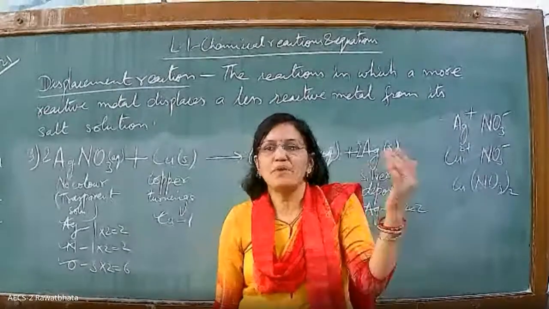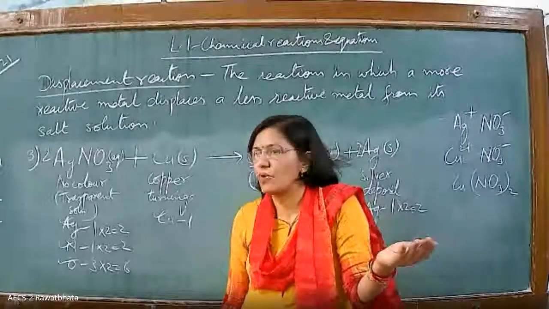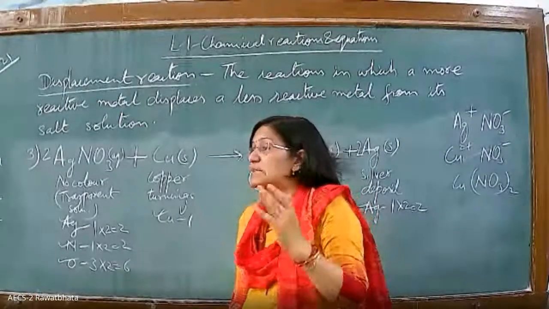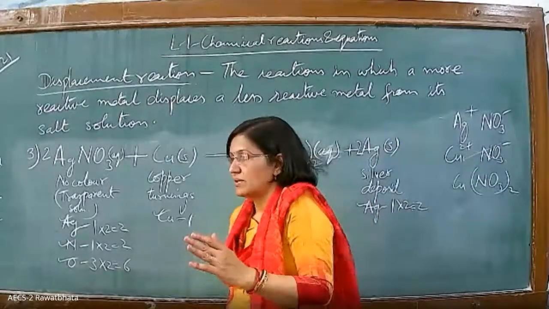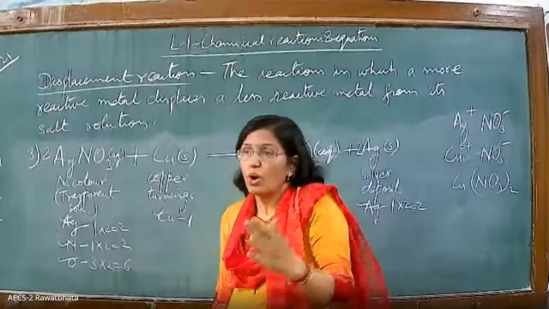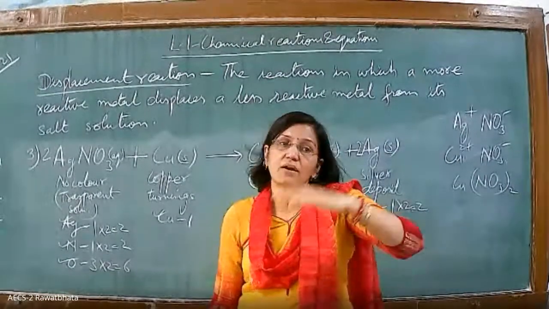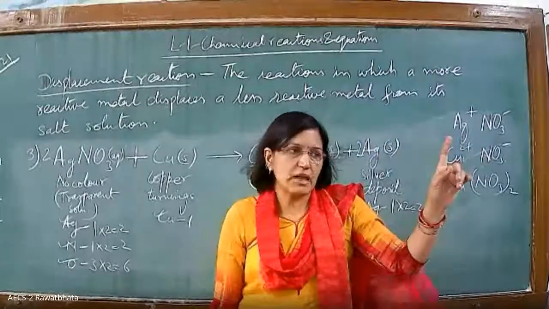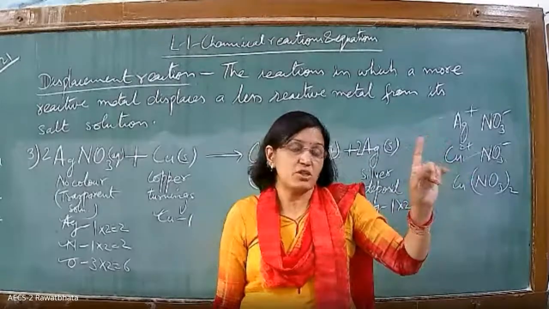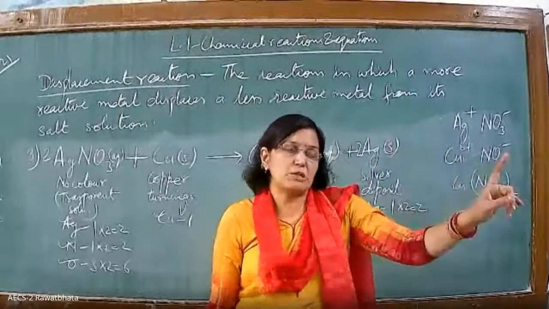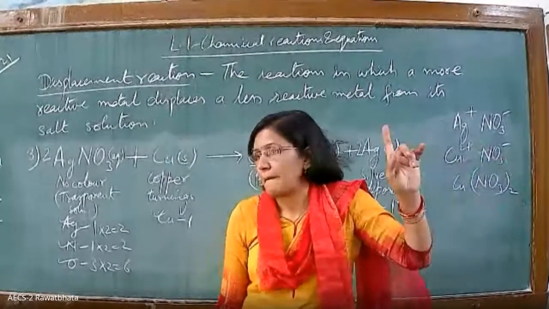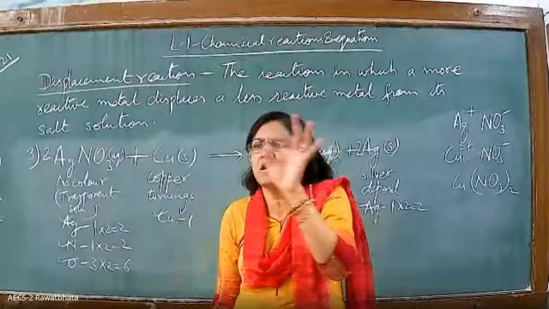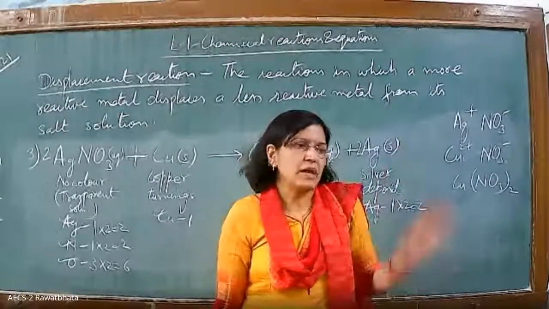It may be of white color if PbSO4 is formed, or it may be yellow in color. Remember, kids, all precipitation reactions are double displacement reactions, but all double displacement reactions are not precipitation. It's not necessary that in every double displacement reaction a precipitate will be formed. But if a precipitate is being formed, that means definitely it is a double displacement reaction.